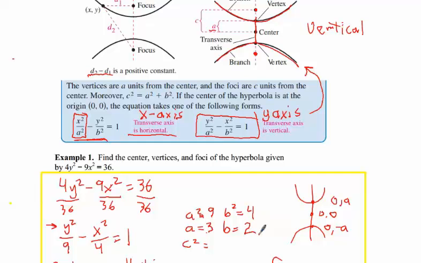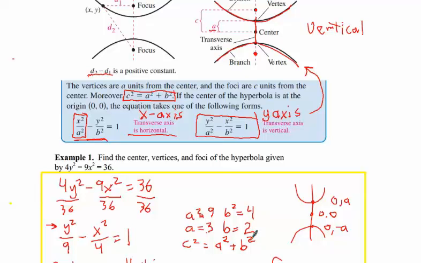So unlike ellipses, c squared is now a squared plus b squared. The hyperbola has a subtraction sign between the y squared and x squared terms in its equation, but the equation for finding c squared is simply a squared plus b squared.